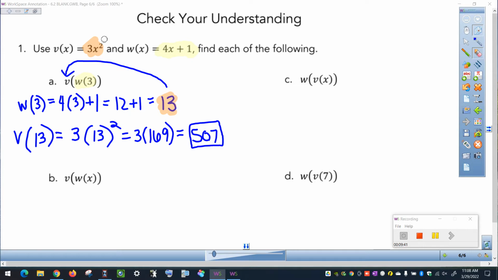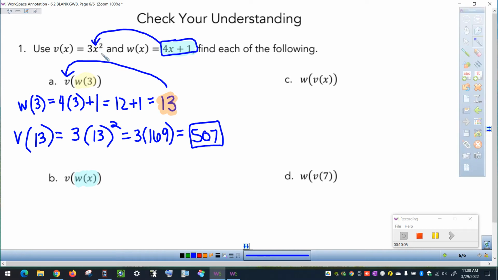So the idea here on this one, looking at that function on the inside, this w of x, that whole function is going to get inputted into v. So we're going to take this whole function here, which is really 4x plus 1, and that's going to get inputted where the input goes in the v function.